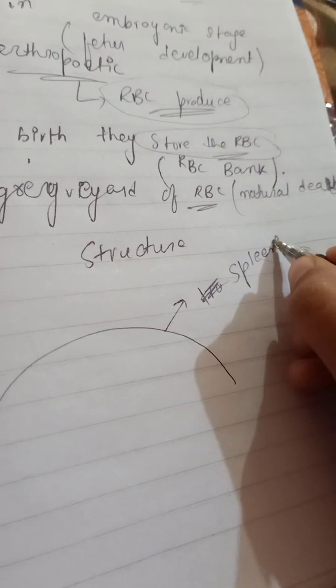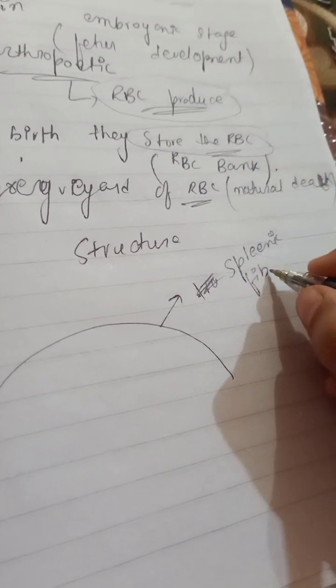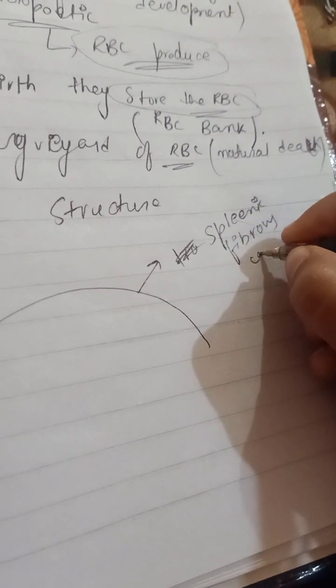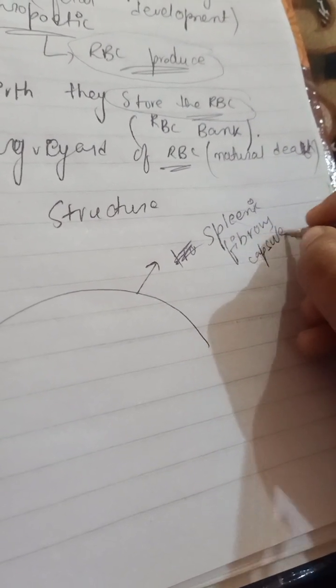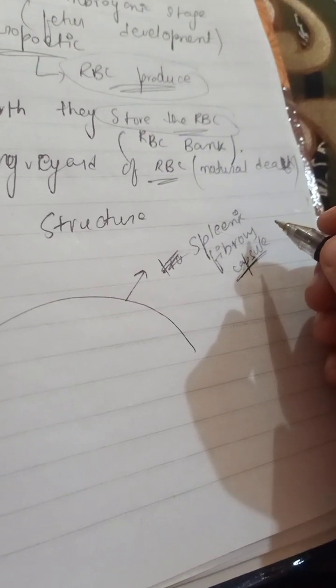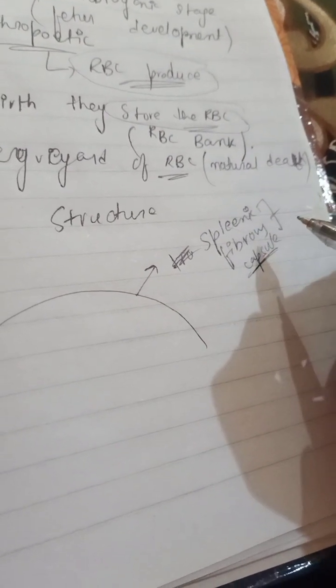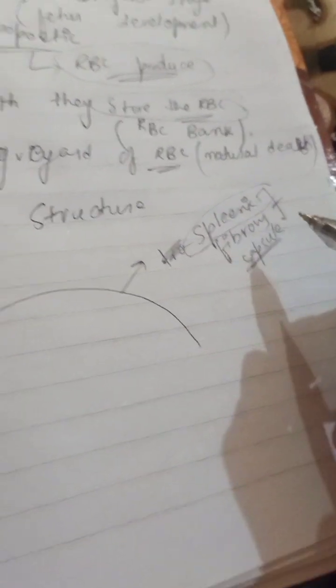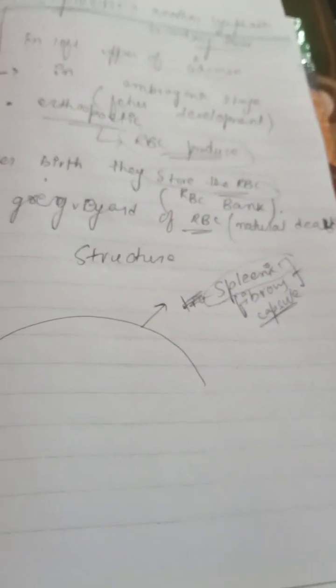This is a layer, the splenic fibrous capsule, a fibrous layer that is used for the protection of the spleen. This is the layer of the spleen, so that's why we call it the splenic fibrous capsule.